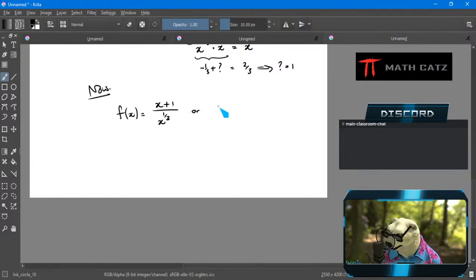You can also write x plus 1 over cube root of x. You can swap those around, right? Depending on what you're more familiar with. But now I see, oh, there is a good chance that my denominator can be 0.